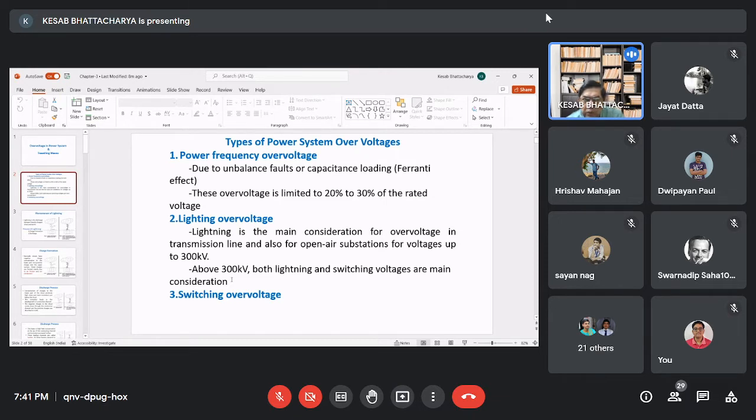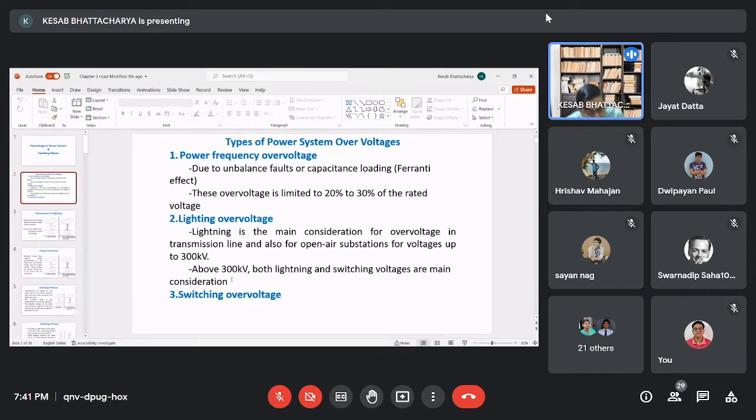Therefore, if you select the insulation level on the basis of the higher voltage level, then you don't have to be bothered about any overvoltage whose magnitude is lower than the selected insulation level.